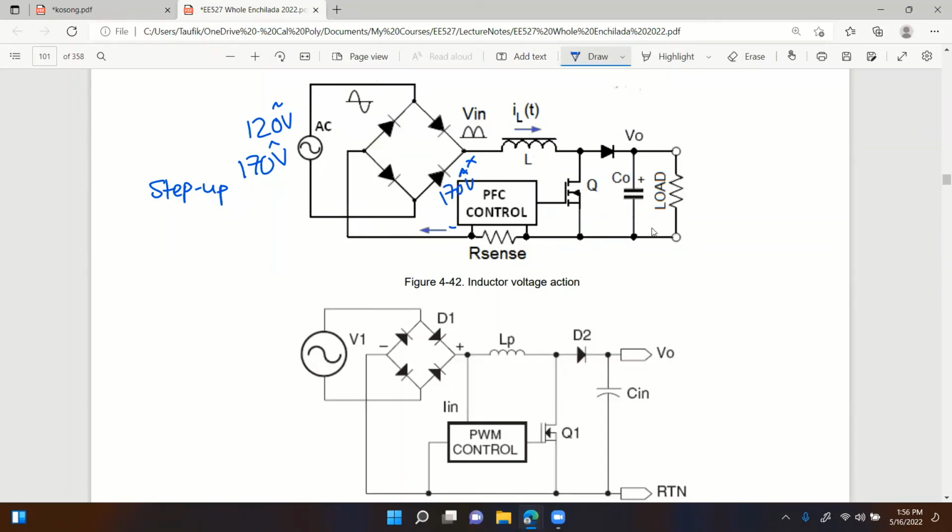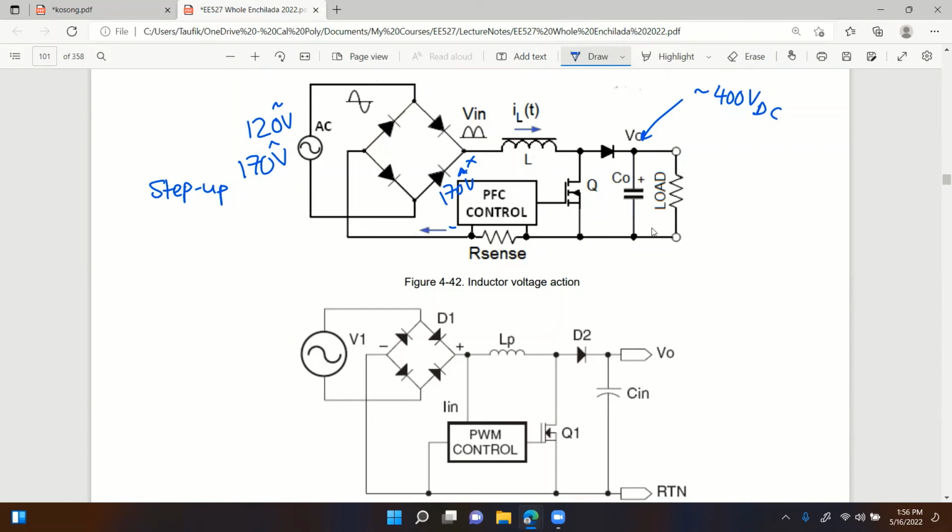But we are stepping it up, because it's a step-up converter. So here is actually a much larger voltage, I would say around 400 volts DC. You get 170 volts and you step it up to 400 volts DC.